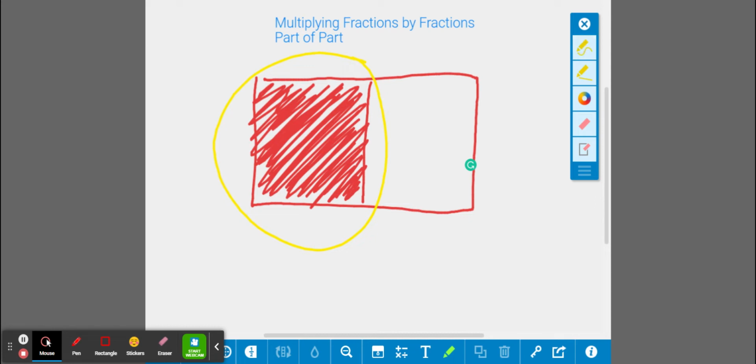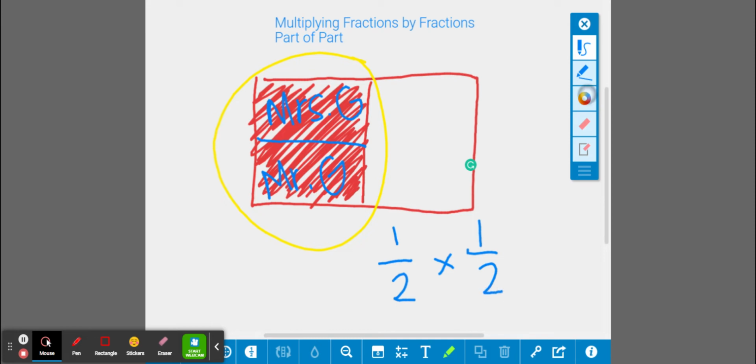So here is the part that I took, and here's the part that my husband took. When you're looking at taking a fraction of a fraction, we had a half and I took half of my half. So this would be identified as 1/2 times 1/2.